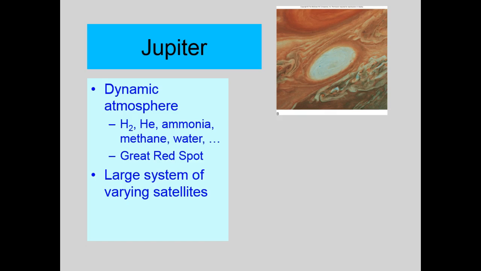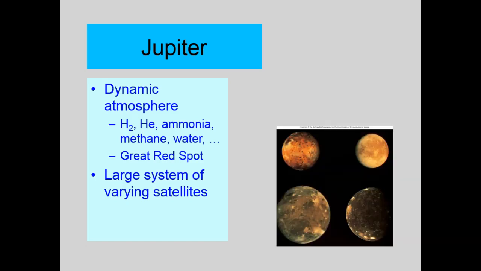But it says, in general, Jupiter's dark features are warmer and the light features are colder, and yet it says the Great Red Spot is the coldest spot on the planet. Well, what in the world is that one? That's another cold spot, but not as cold as the Great Red Spot. I don't know.